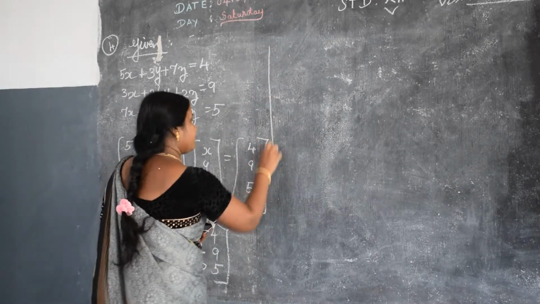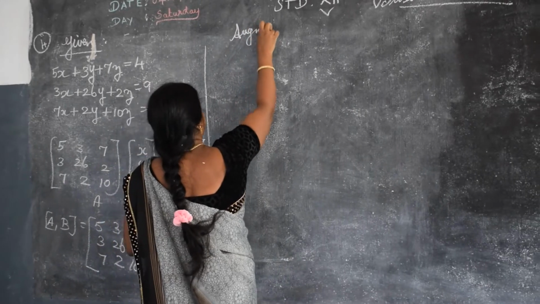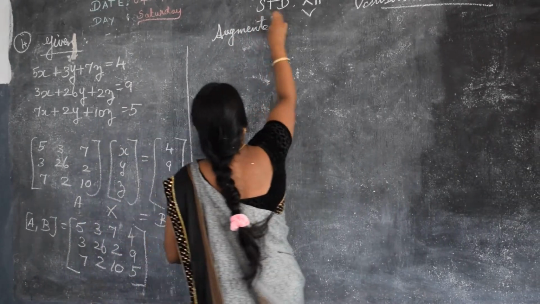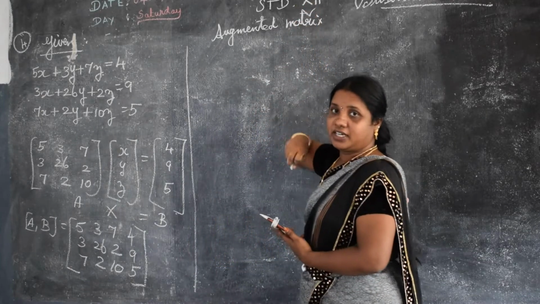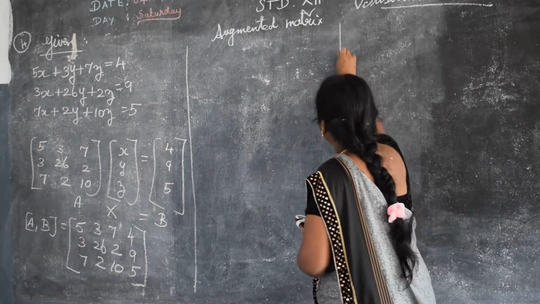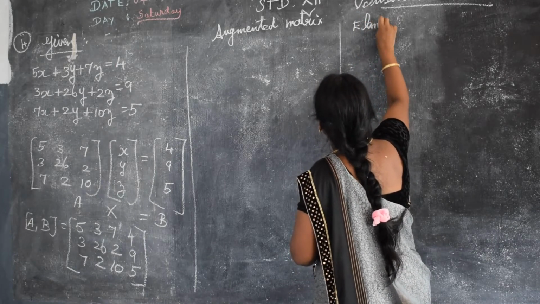Now, how can we solve this augmented matrix? With the help of elementary transformations. So, augmented matrix, then elementary transformation. Draw like this.